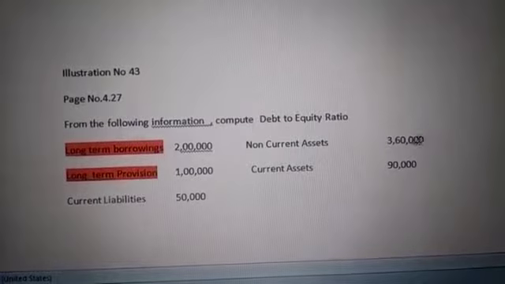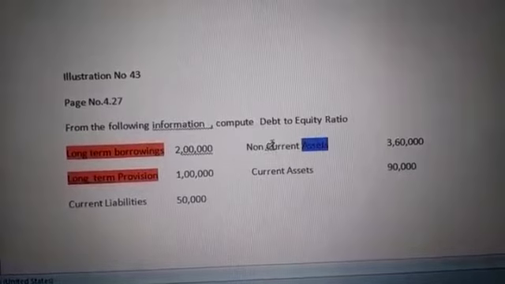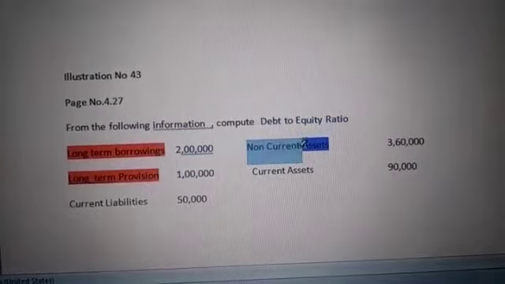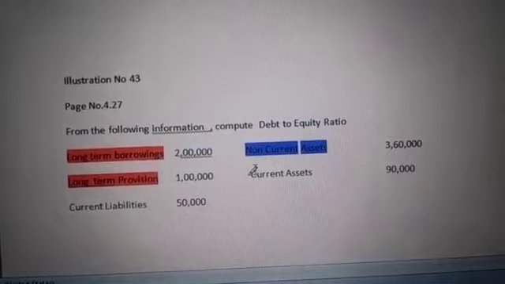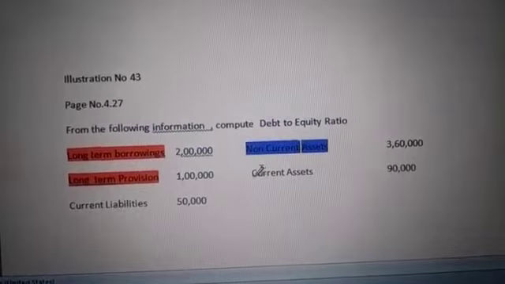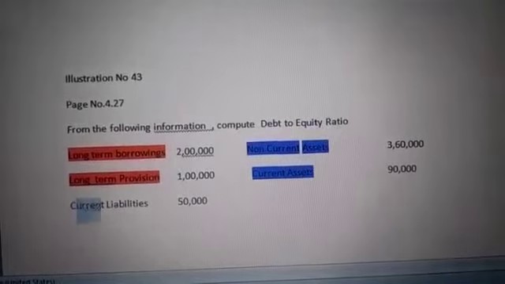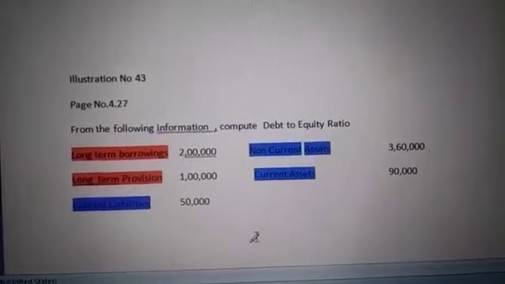First of all, you have to find non-current assets. Then non-current investment is not given. Adding current assets and minus, what will be minus? Current liabilities. Then what will come? Equity will come.